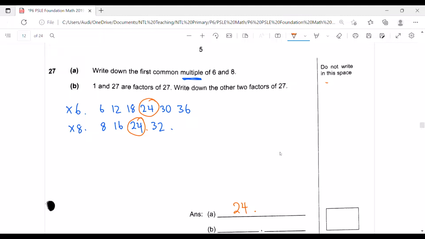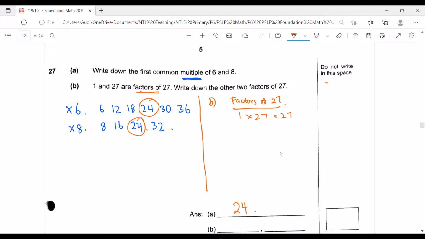Now we look at part B. 1 and 27 are factors of 27. When we see the word factors of 27, what it means is, we have to write this, okay? 1 times 27, you get 27. Can we do 2 times something to get 27?